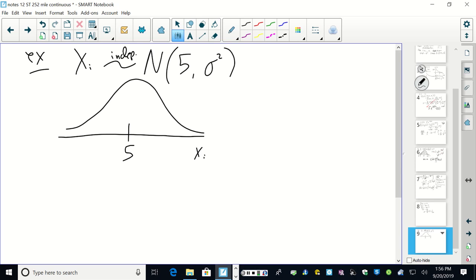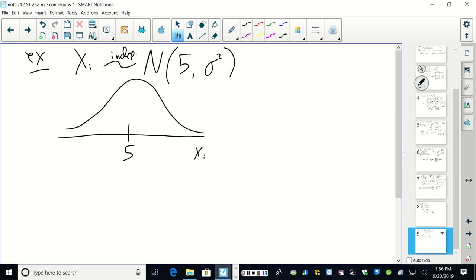Somehow your process has been engineered to have that 5 average, but you know, you're building tubes that allow a certain flow of water going through, and they're engineered to be 5, and you believe that it's on average, but there's a little bit of variability in the process.